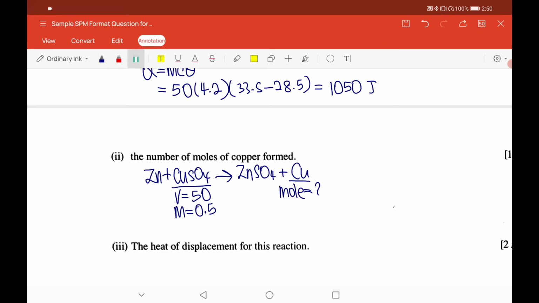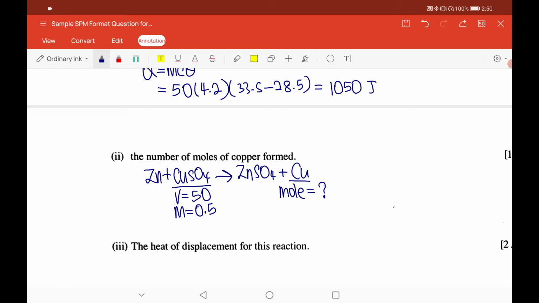So how to do your chemistry calculation? Chemistry calculation always starts with the mole. When you see M and V, if the question gives you M and V, it means the question is a solution. Can we find the mole of the solution first?